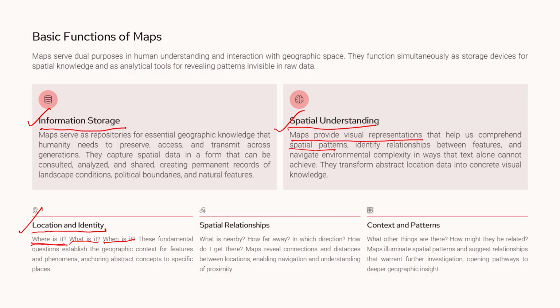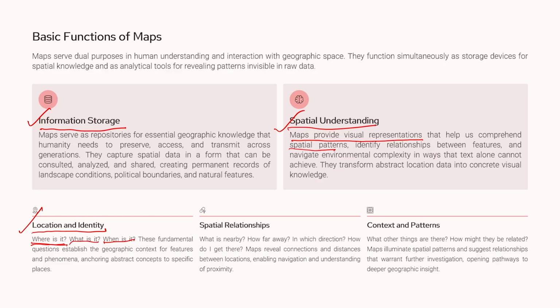I am a professor. When did I become a professor? That means a map should have location, a map should have attributes, a map should have time. If you have a map without time, this is not called a map. So, the fundamental questions establish the geographic context for features and phenomena, anchoring abstract concepts to reality.